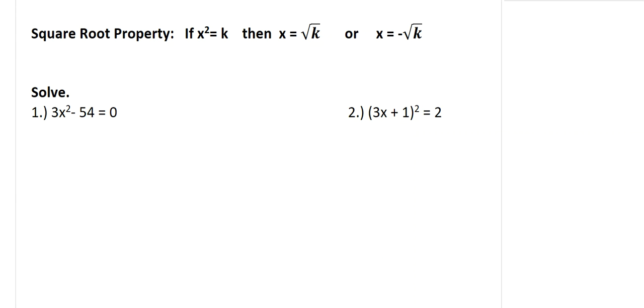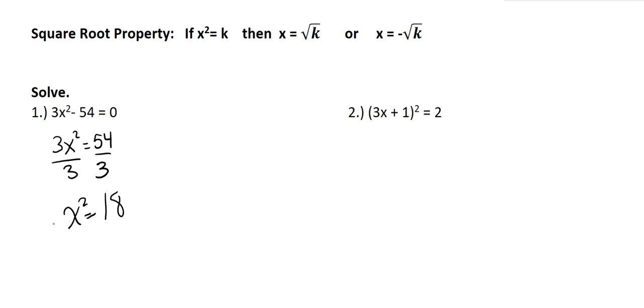So, if we take a look at example number 1, where you have a variable squared, like we have the x squared, you can simply isolate the x squared and take the square root of it. So what we'll do is we'll add 54, divide by 3, and get 18.